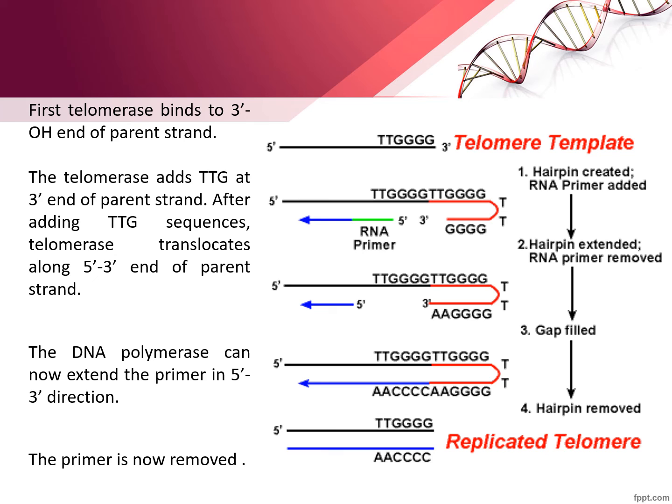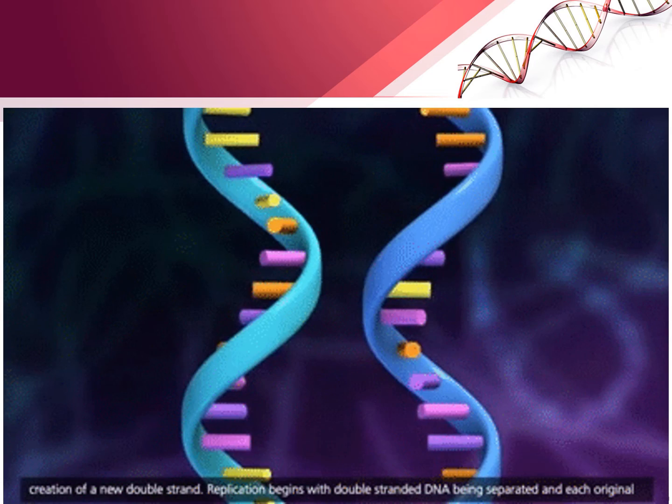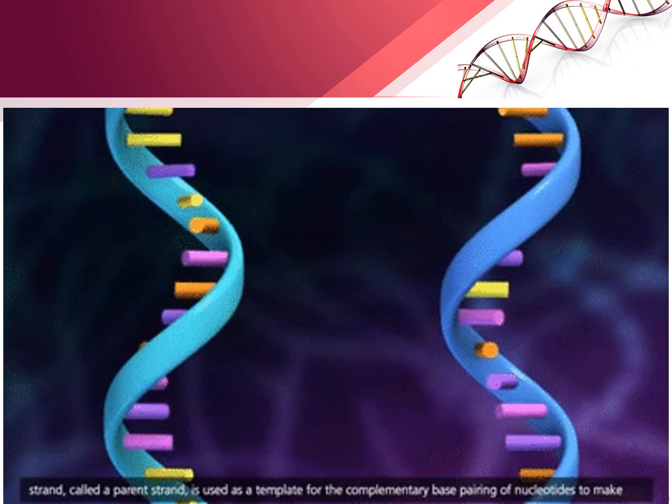Then, the primer is removed and it won't be replaced because it is an extra sequence added by copying the telomere sequence. Finally, the integrity of the daughter strand is maintained. And that is how DNA is replicated.